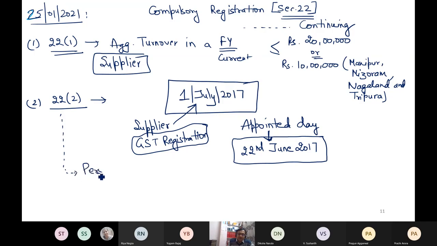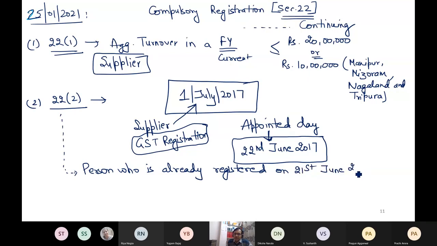any person who is already registered, one day immediately preceding the appointed day, that means who is registered on 22nd June 17 under existing laws.